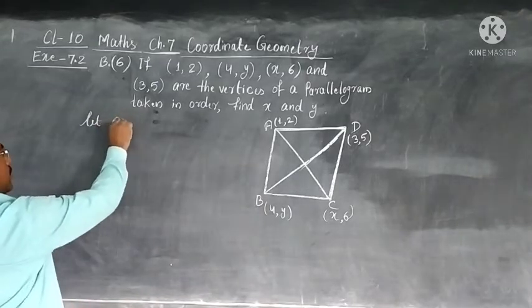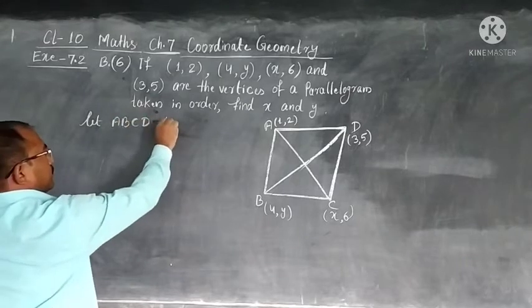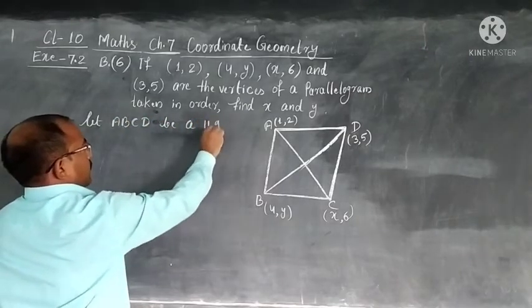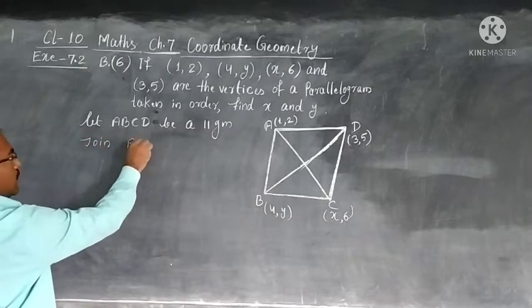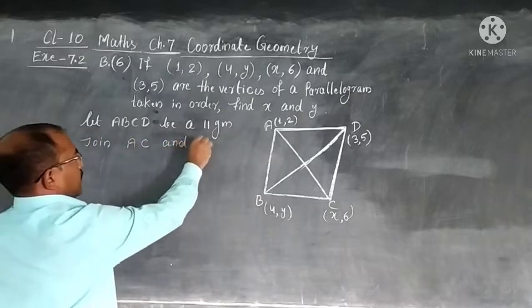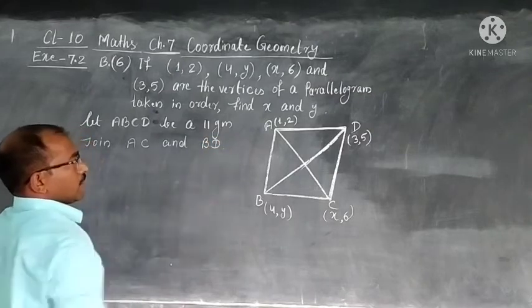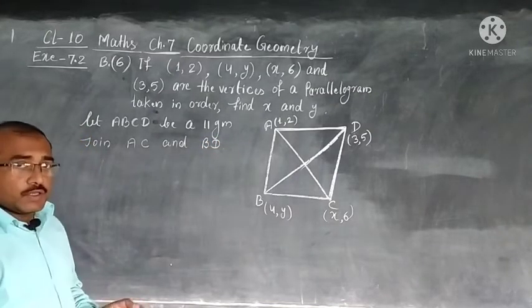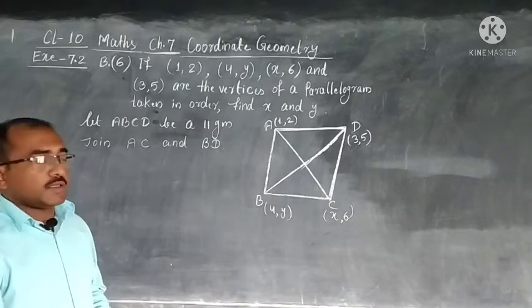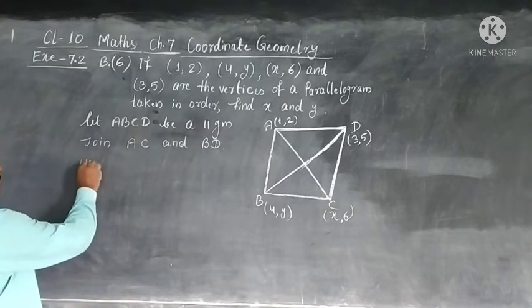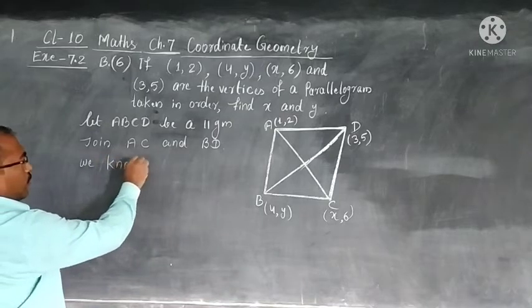Let ABCD be a parallelogram, and in this parallelogram we join the diagonals AC and BD. Then the property of the diagonals of a parallelogram: the diagonals bisect each other. Let us write down the property first.